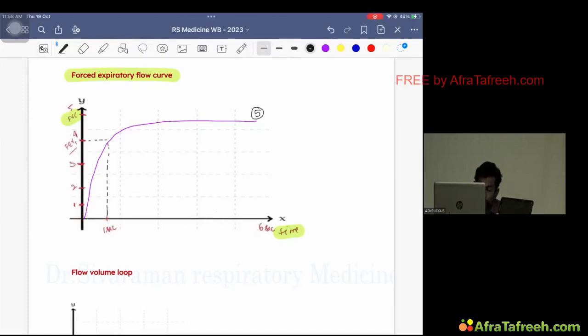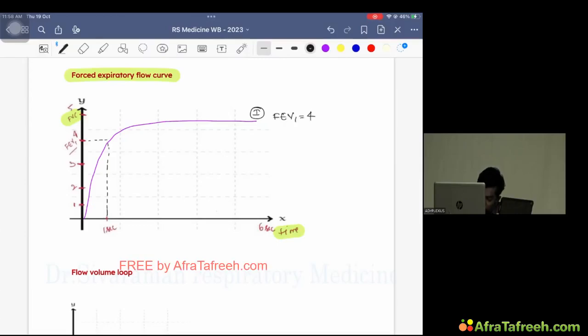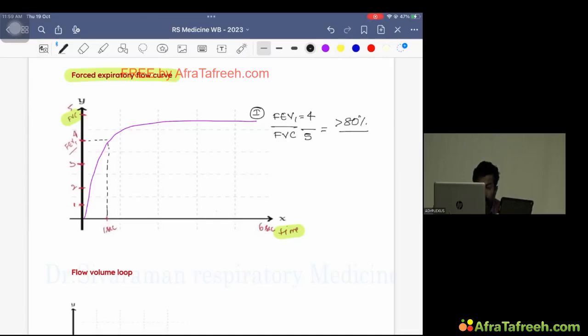Now this is scenario number 1, where FEV1 is 4 and FVC is 5. 4 by 5 into 100 is 80%.